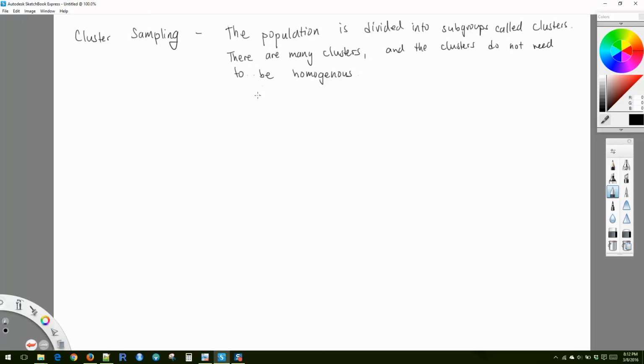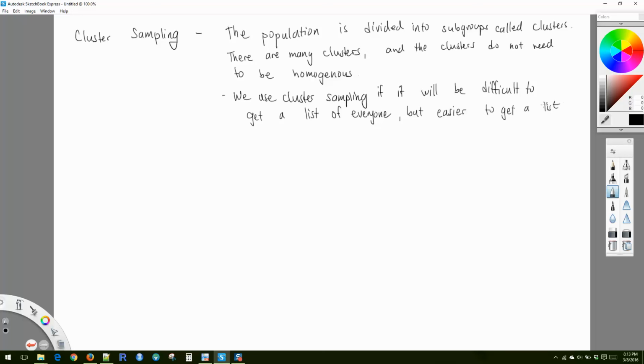And to perform cluster sampling, generally we use cluster sampling if it will be difficult to get a list of everyone, but easier to get a list of the clusters.